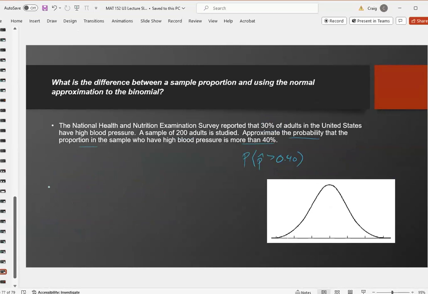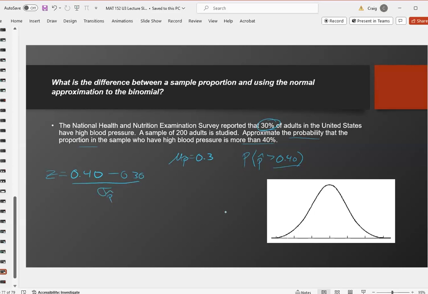To find our z value, we're going to use the proportion that we're interested in, the sample proportion, minus the expected proportion, which is 0.3. But then we had to divide by the standard error of the sample proportions, right?